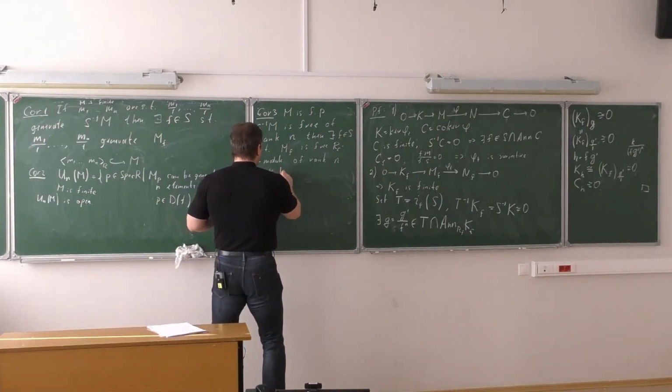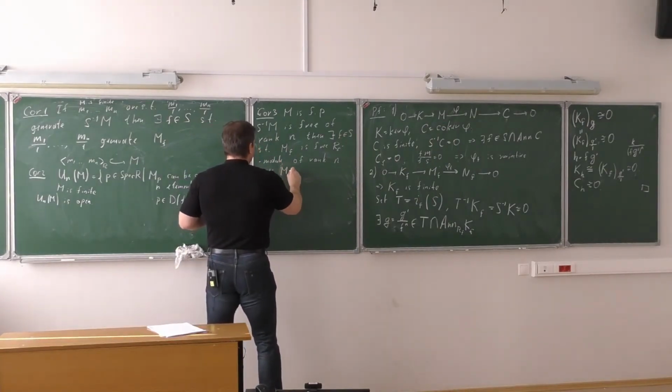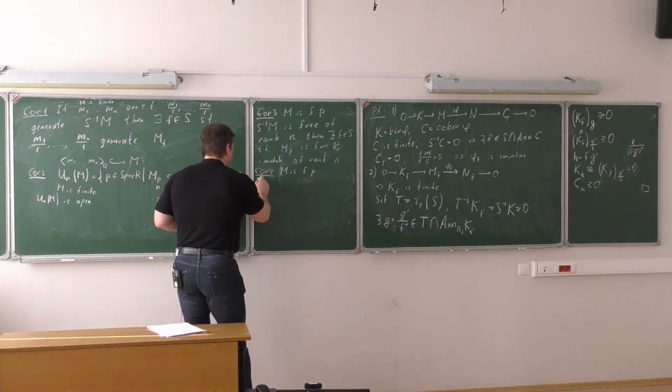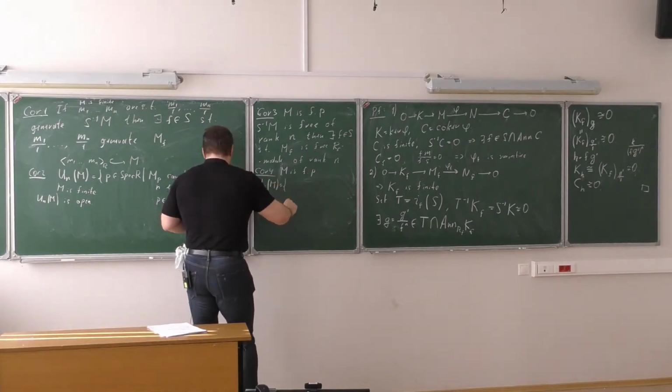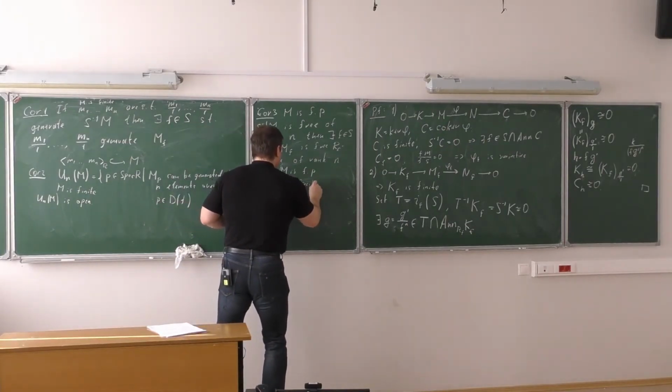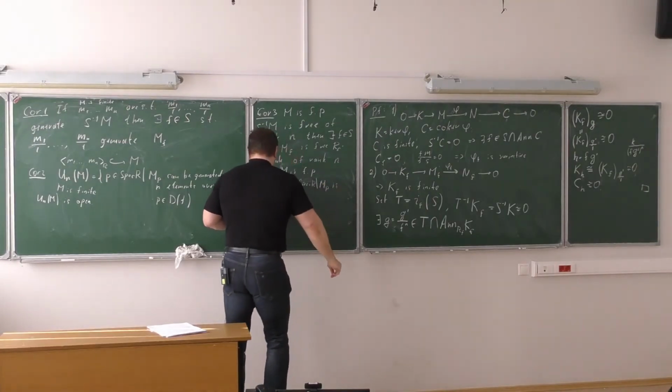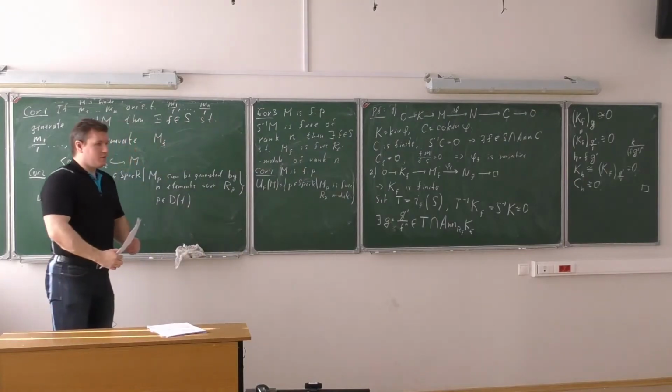Now in this case, again, I continue to assume that M is finitely presented. So the locus I will consider is U_F(M), and this is by definition the set of primes in Spec R such that M_P is free. So this is a locus where a module is free.